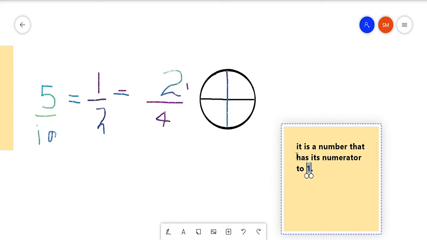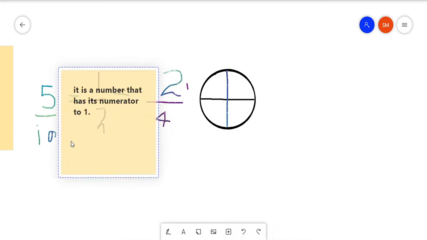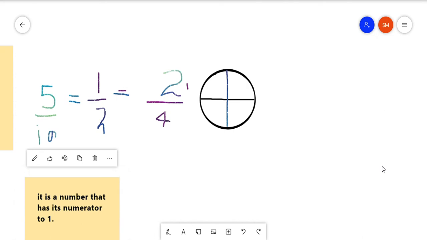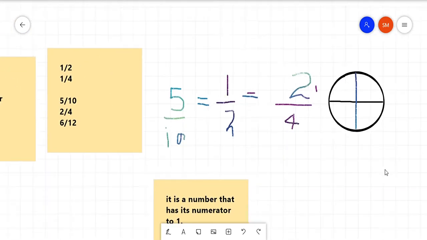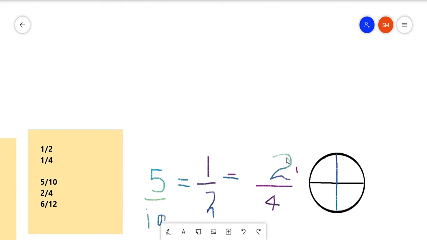If you have a rough notebook, you can take a small note of this. And there's also another rule in fractions: whatever you do to the numerator, you have to do to the denominator.